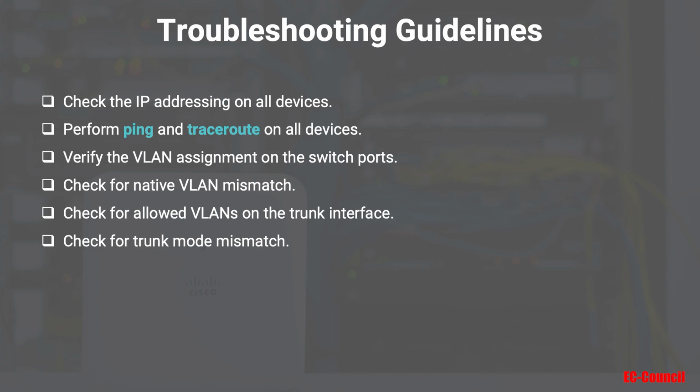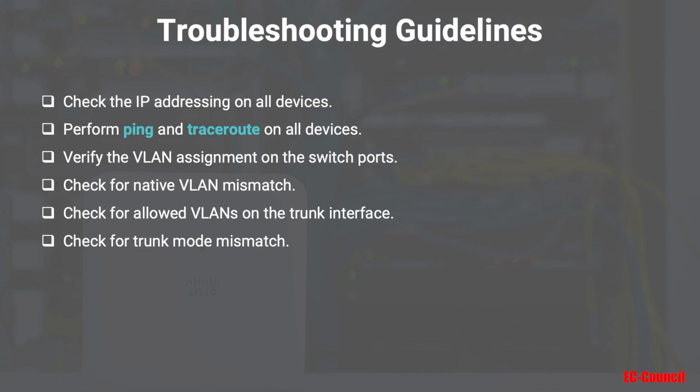If for some reason you are not able to ping a particular VLAN, perform a traceroute. The traceroute will simply allow you to see where the packets are dropping. And where the packets are dropping, you can use that point to start your troubleshooting moving forward to the actual destination. Also ensure the VLAN assignments are configured properly on each switch port.